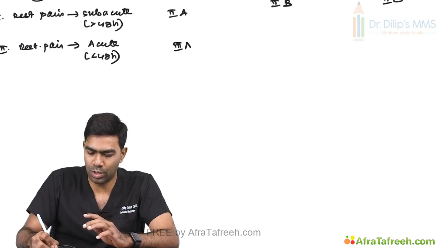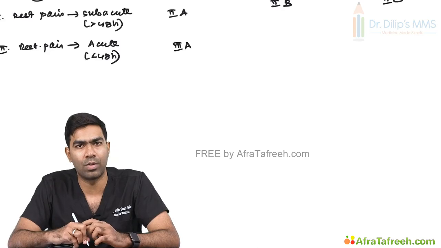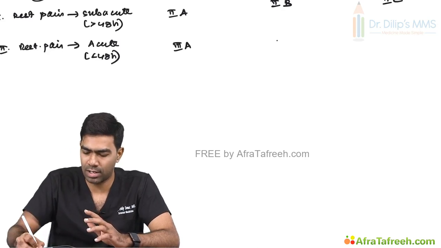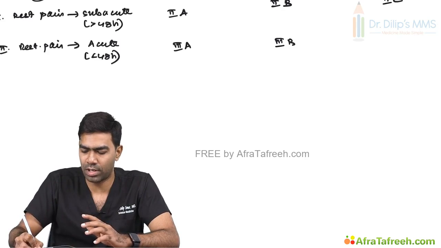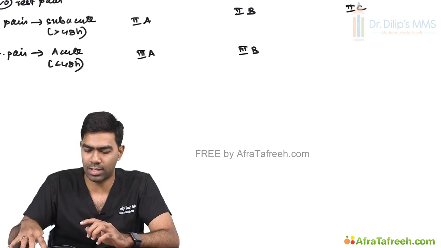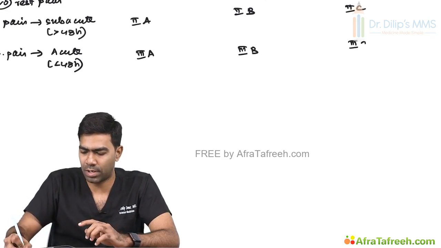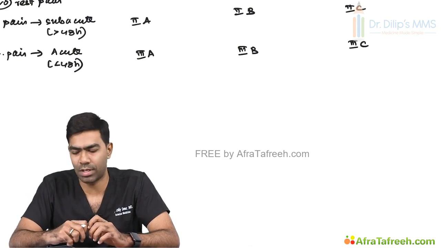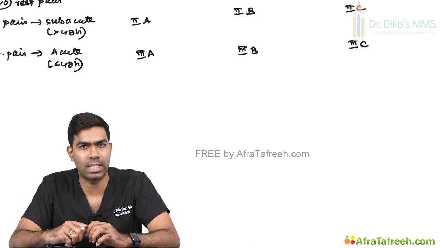Similarly, acute rest pain due to some secondary cause will be under class 3A, acute rest pain without any secondary cause, if it's primary, is put under class 3B, and acute rest pain in the post-infarction period will be called class 3C.